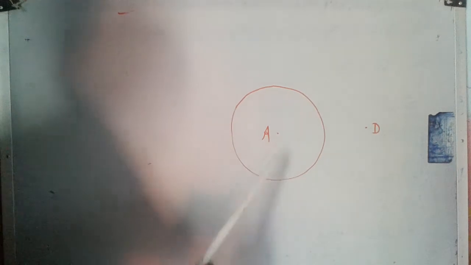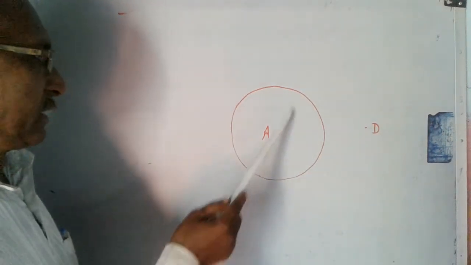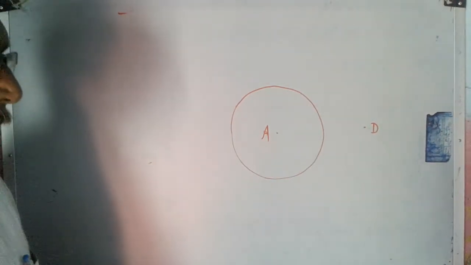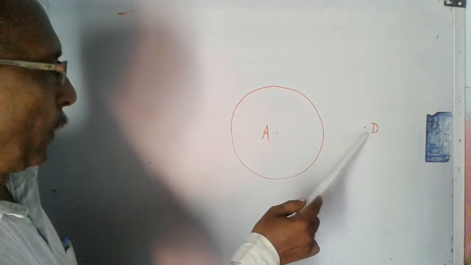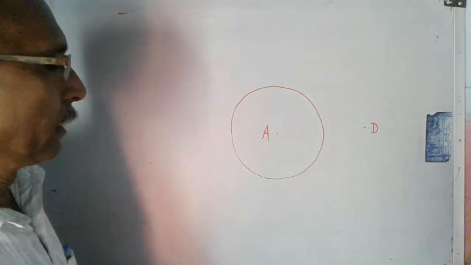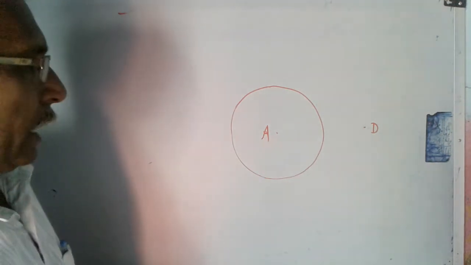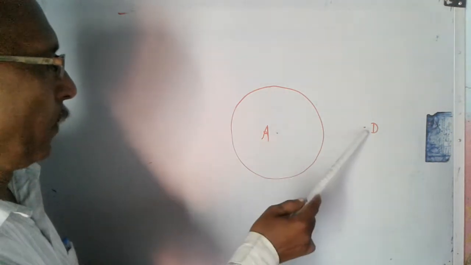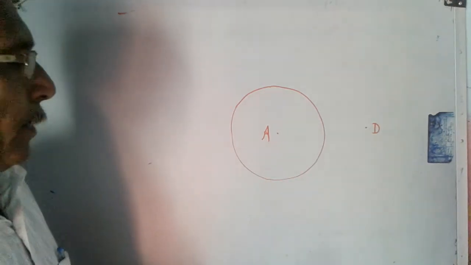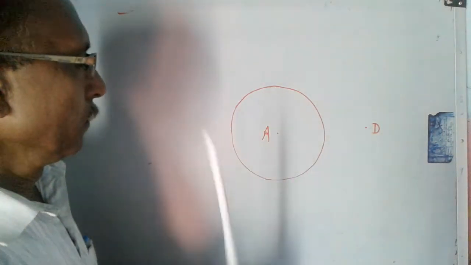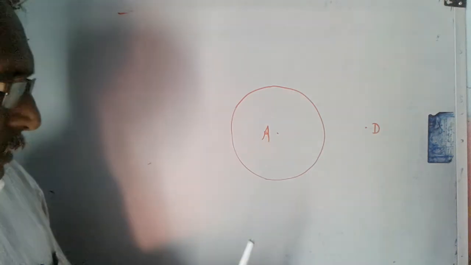Now see here, A is the center of the circle, and point D is in the exterior of the circle, and we can draw tangents to the circle from point D. How many tangents can we draw from the exterior point to the circle?